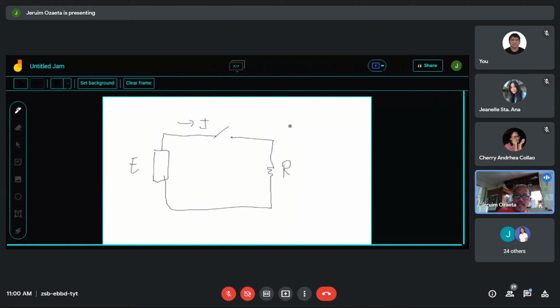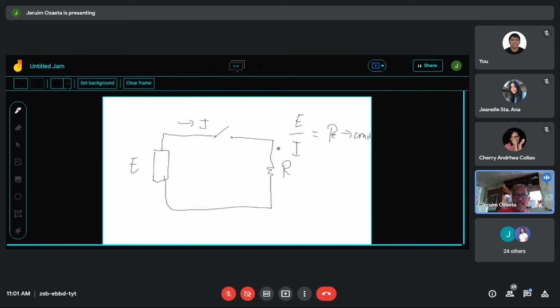We can say the Ohm's law suggests that the ratio of the potential difference to the rate of flow of charge is a constant R. So R is constant.